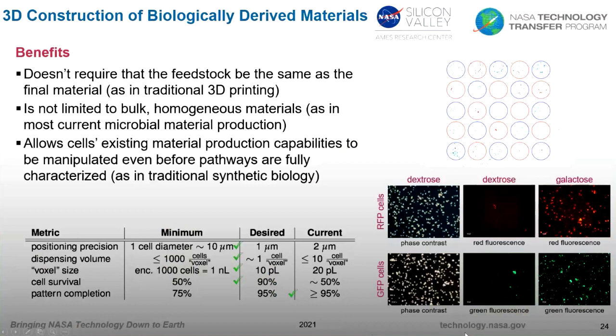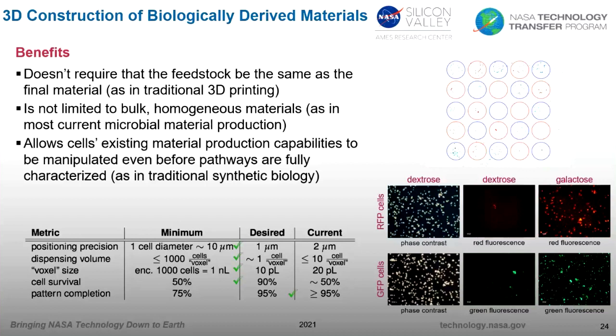So for the proof of concept, we're using 2 different carbon sources for our yeast to control the material production. And again, the proof of concept material that we're producing is a fluorescent tagged fusion protein. You can see on the lower right that we have suppression of material production prior to printing. We have material production after printing.